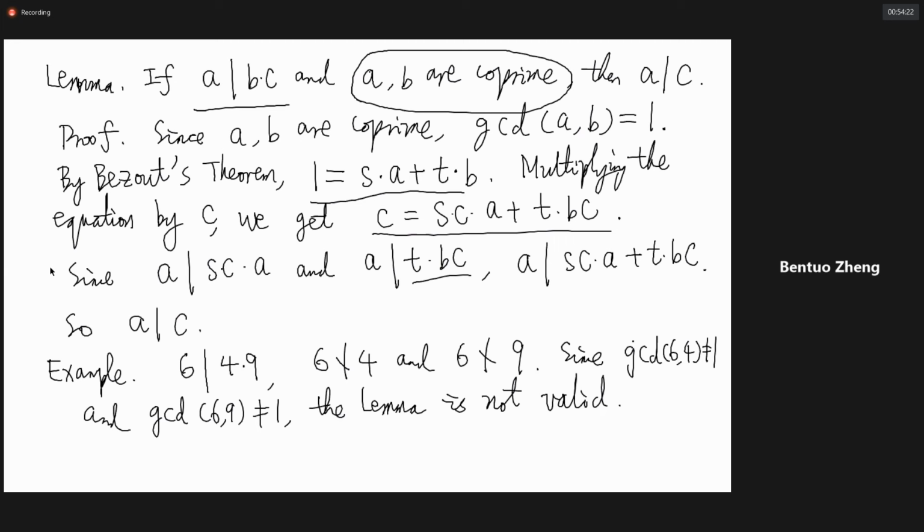So as I mentioned earlier, the greatest common divisor is a linear combination of A and B, and also in the representation, you have infinitely many ways to write the greatest common divisor as a linear combination. So here's the last lemma we're going to prove today.